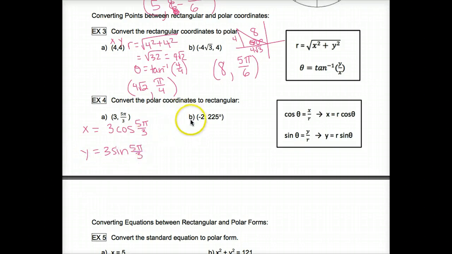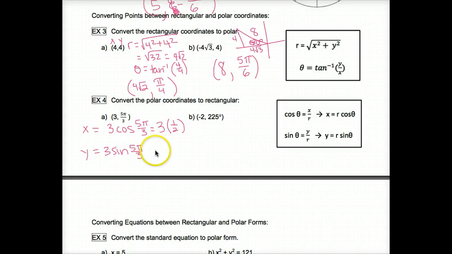Then we can just use our unit circle or our hand trick. We know that 5 pi over 3 is a 60-degree reference angle, and it happens to be in quadrant 4. At 60 degrees, our cosine is 1/2. In quadrant 4, that is positive. So I get 3 times 1/2.